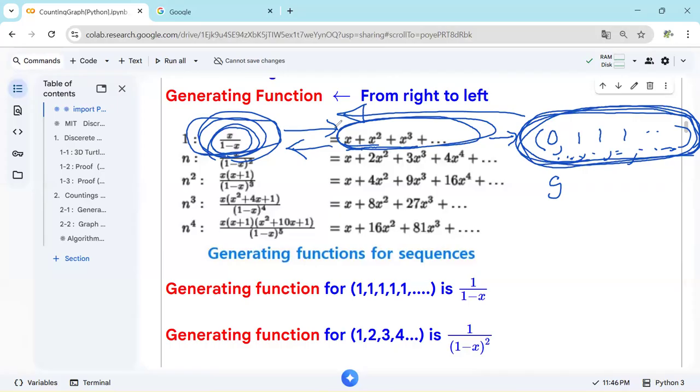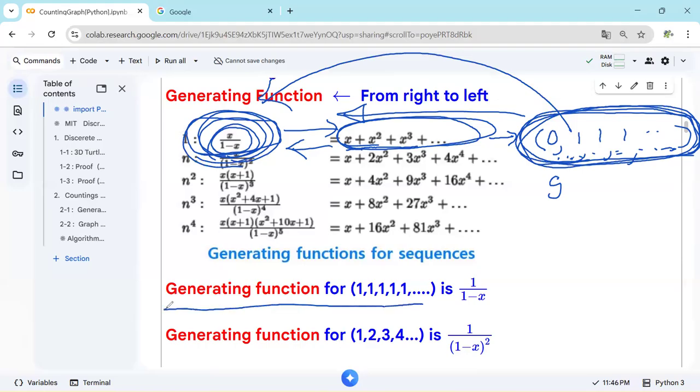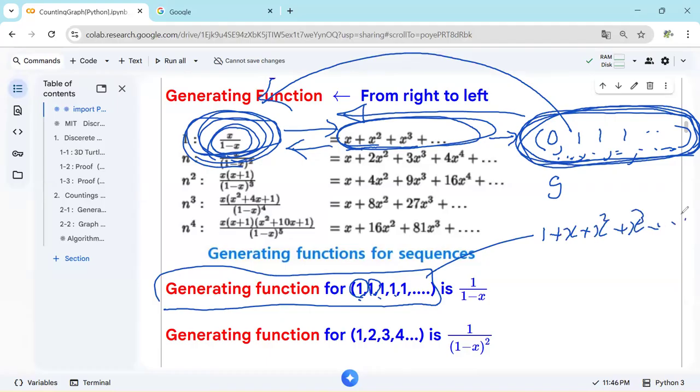Then the generating function is from this one, just find out the original function. So the generating function for this sequence 1 1 1 1 is 1 plus x plus x squared plus x cubed plus something like that. This one can be derived from this function. So the generating function for this sequence is 1 over 1 minus x.